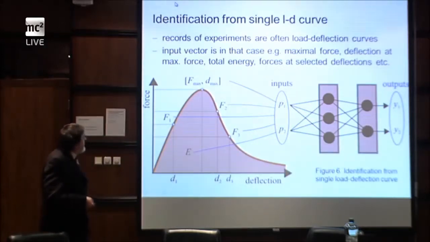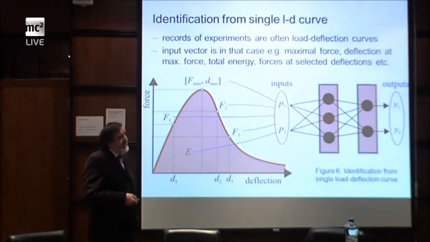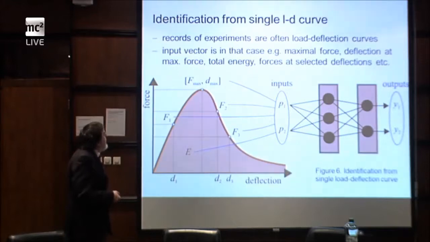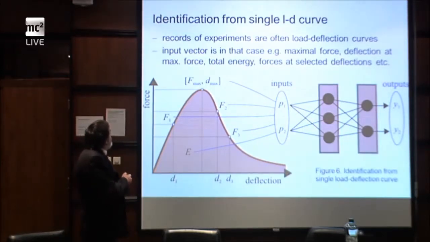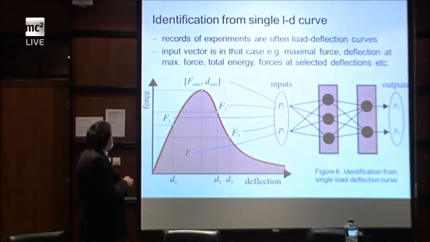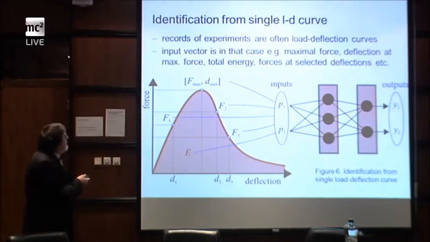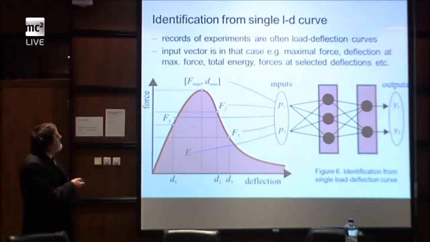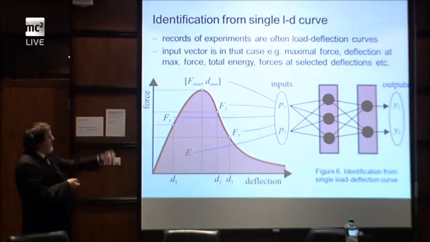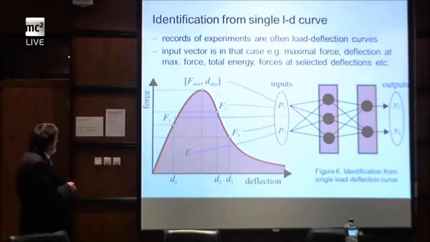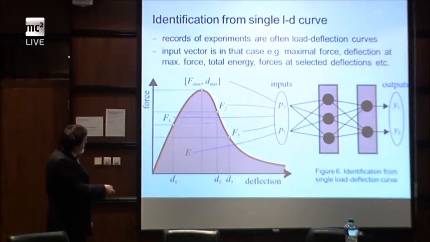And this is something which I hope will give you the idea how we identify parameters from a single load-deflection curve. For example, records of experiments are often load-deflection curves, just three-point bending, for example, notched specimen or anything like this, with force versus deflection, and this is the result of the experiment, right?